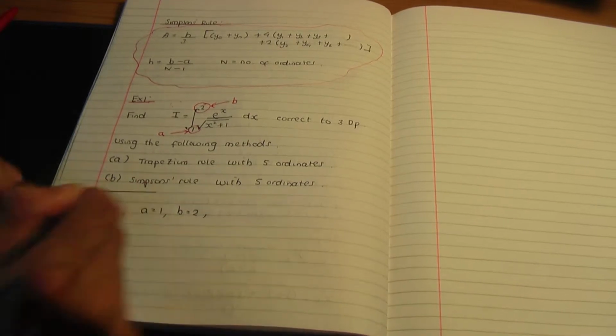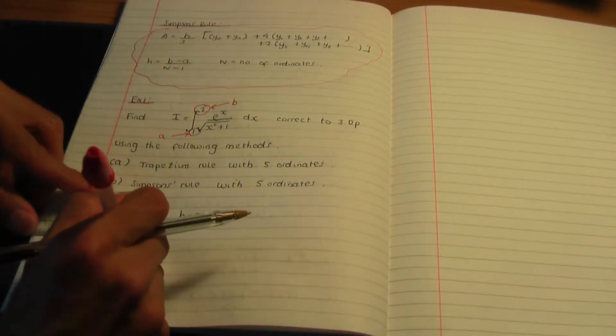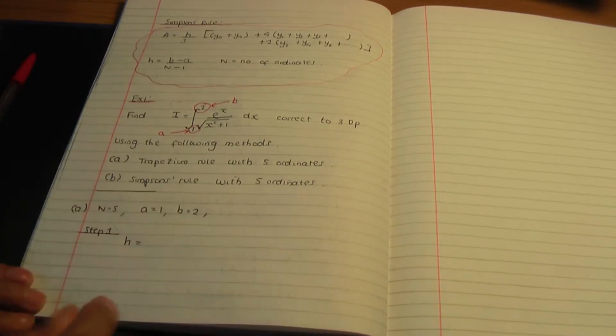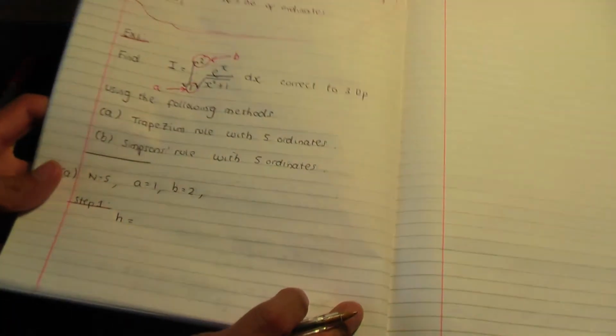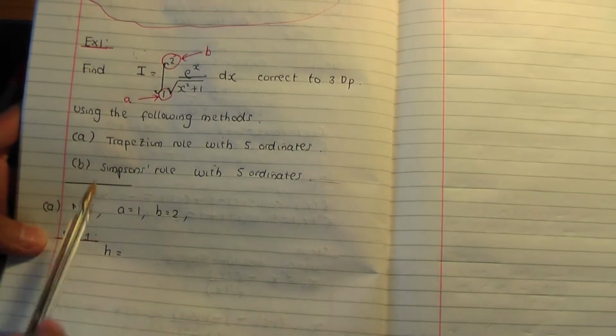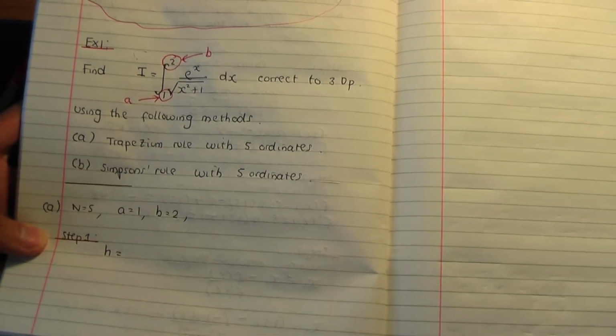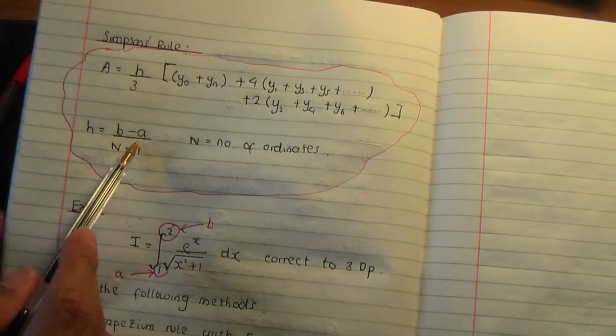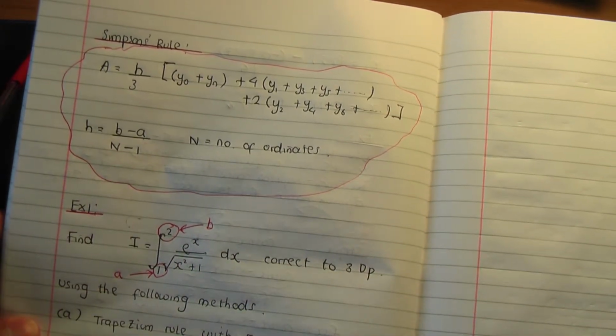Step number 1 for me, so let me underline step 1, is to work out h. And h is the width. When it comes to the Trapezium rule, h is the width of a trapezium. The formula for h is b minus a divided by n minus 1.